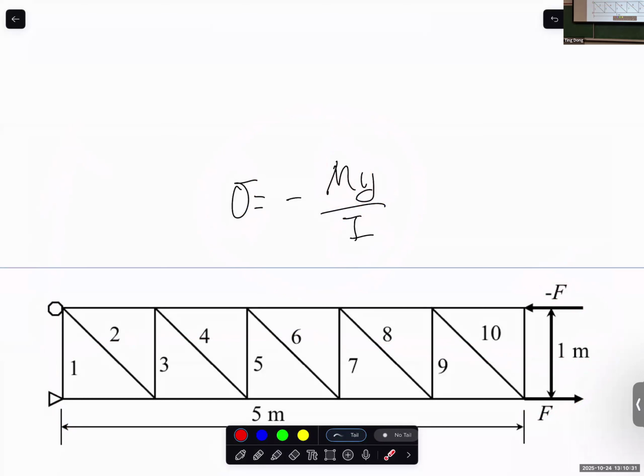So here, basically, if you want to plot how the stress actually changes across the cross-section, it should be a linear change. And this is the neutral surface.